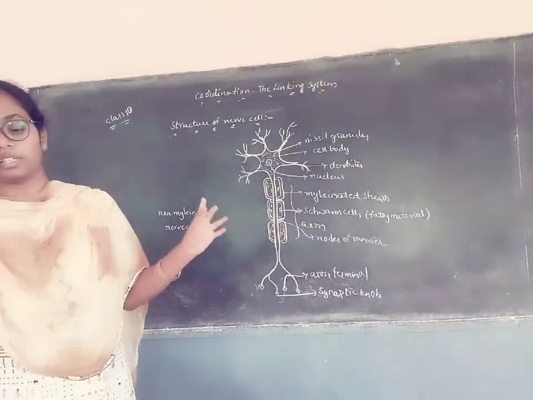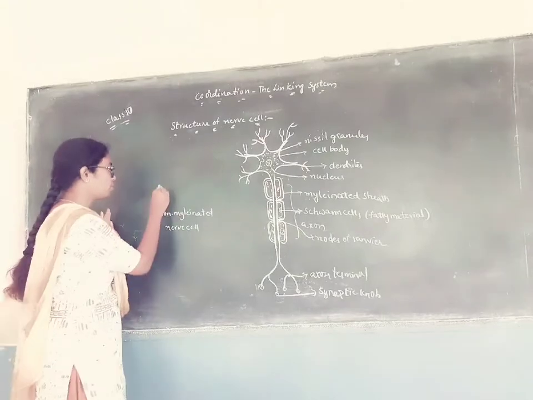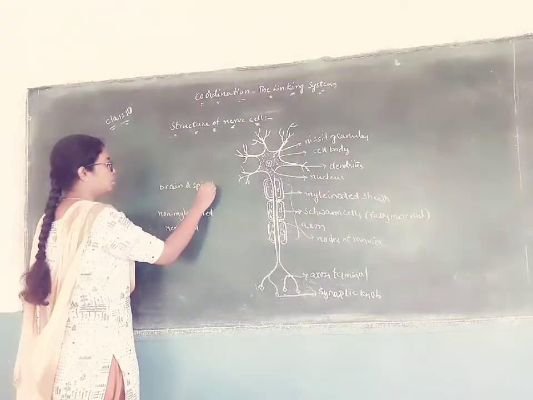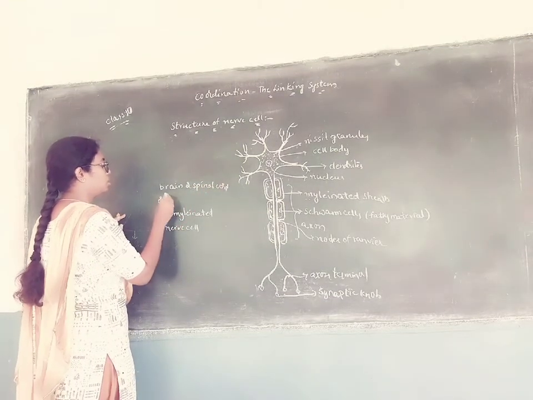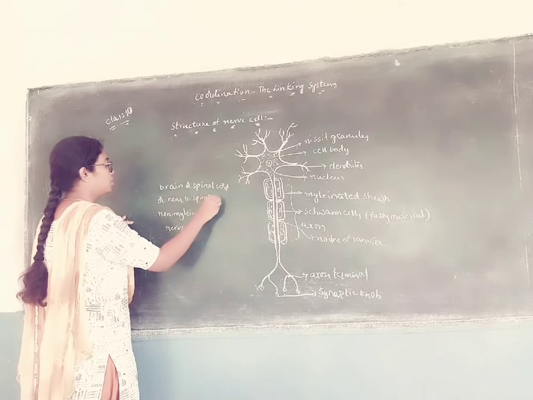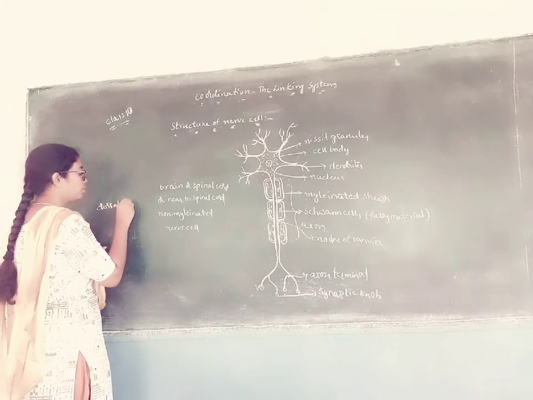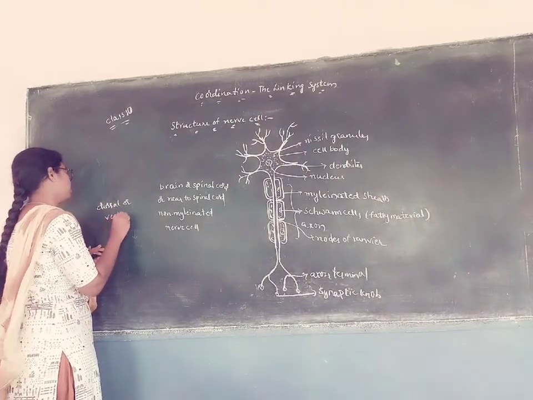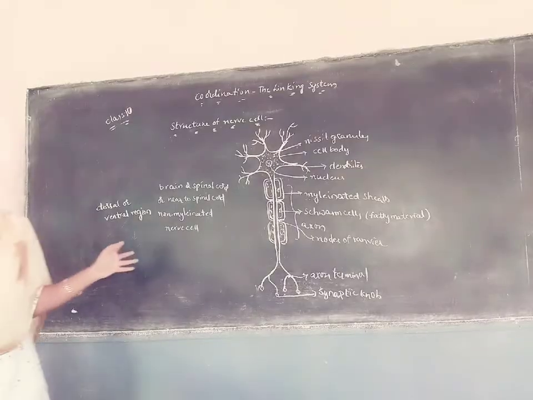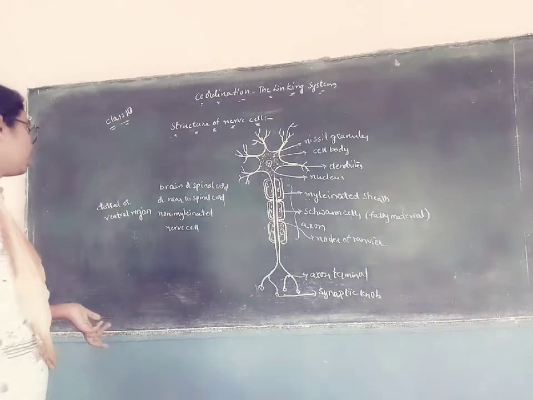So mainly the nerve cell body lies either in our brain, in the spinal cord, or near the spinal cord, and the region where this nerve cell is present is known as the dorsal or ventral root ganglion.